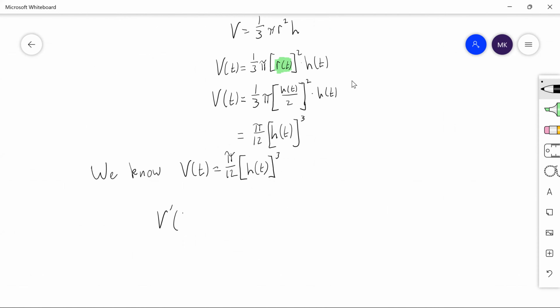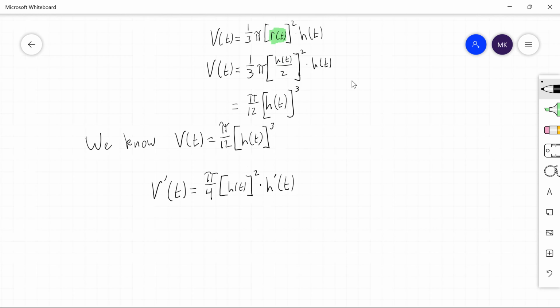So then v prime of t is, now using the chain rule, the 3 will come out, make our pi over 12 pi over 4 times h of t squared times h prime of t. Any questions on that derivative?